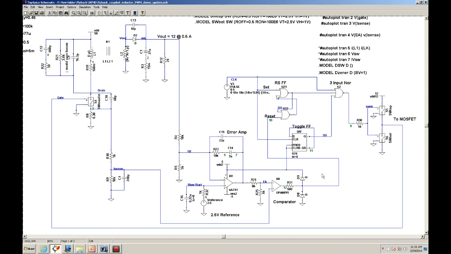Okay, so once you have that, it looks like you have a complete pulse width modulator. The only thing would be to set the control loop. I've already gone through the previous videos how I selected these.